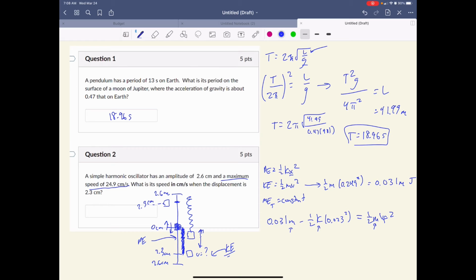However, we're going to use Hooke's law. Hooke's law says that when you hang a mass from a spring, the gravitational force downward is going to be equal and opposite to the spring force upward, and the spring force is kx. So notice, we have a relationship between m and k now.